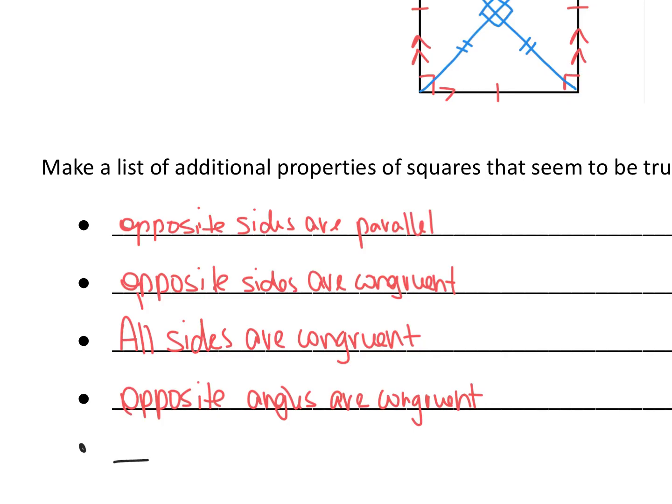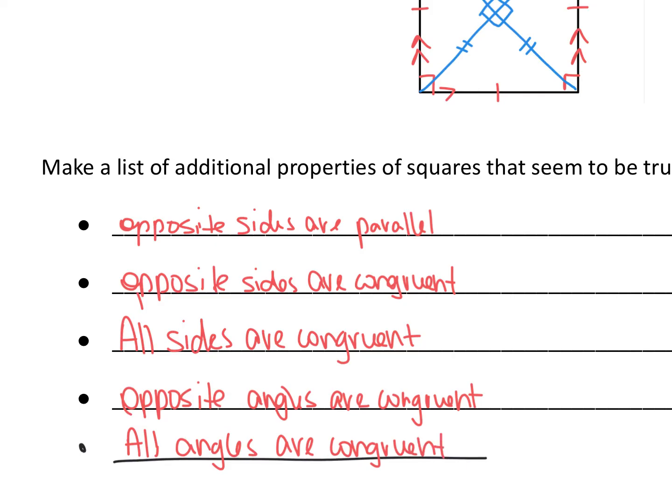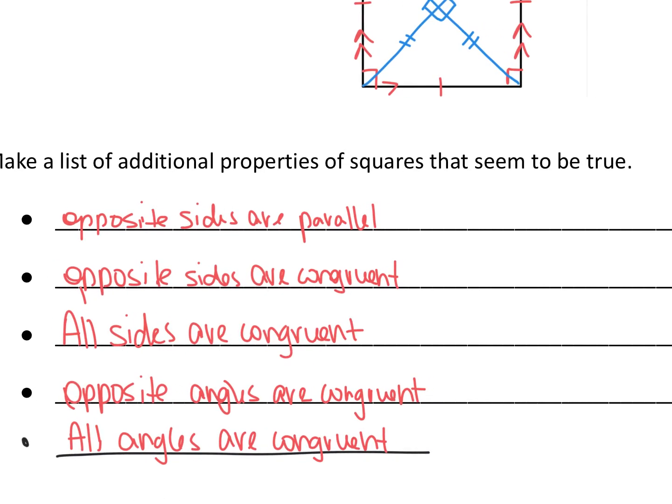So I'm going to add another bullet point down here that is talking about how they're not just opposite angles are congruent, but all angles are congruent. Okay, we're going to have 4 properties about the diagonals. So I'm going to use the right side of these bullet point lines to list those 4.